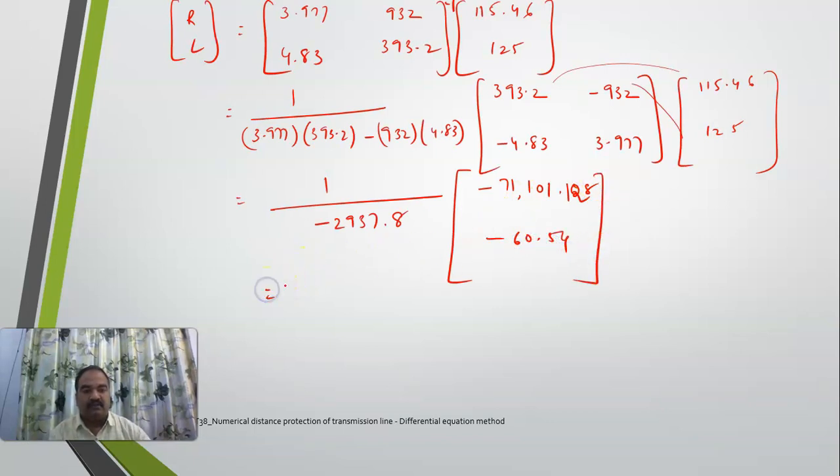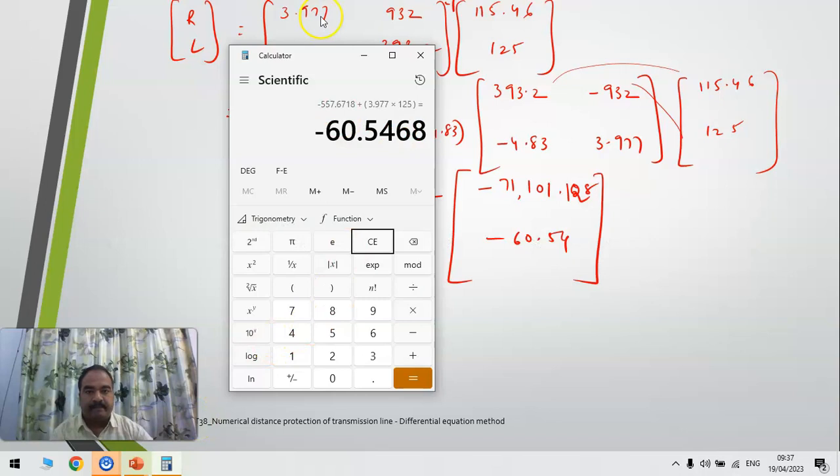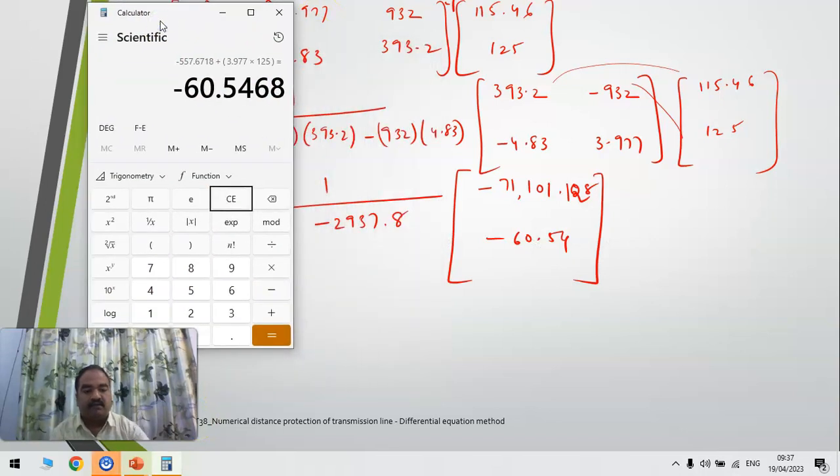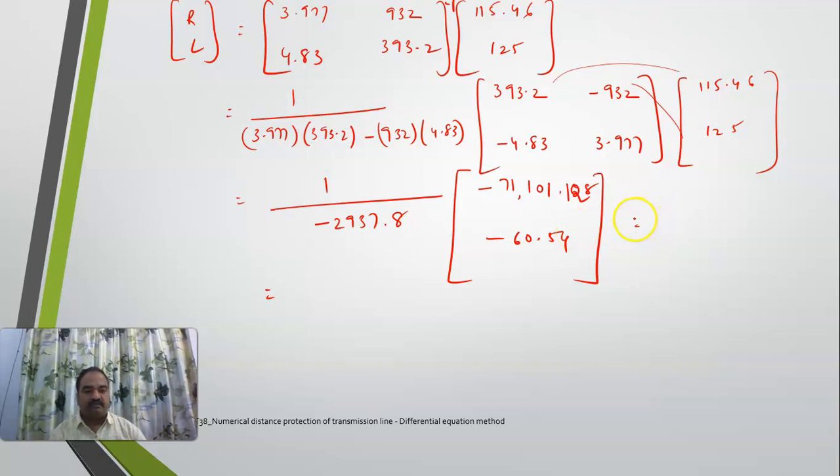Now, if I do the calculation here, this one, 71,101.128 by 2937.8, is your resistance, 24.202.